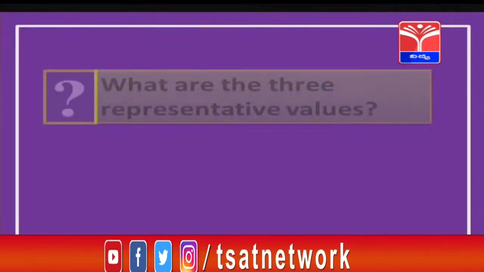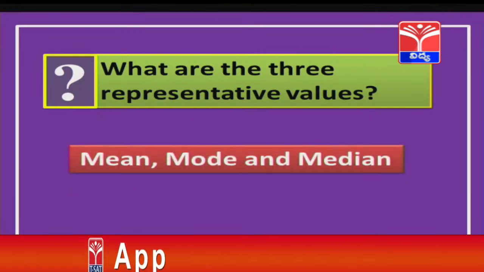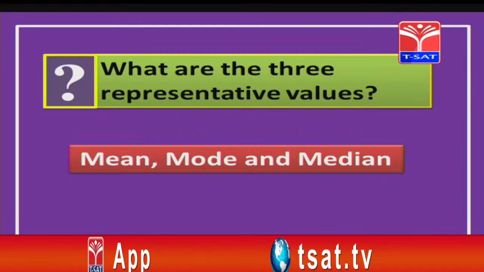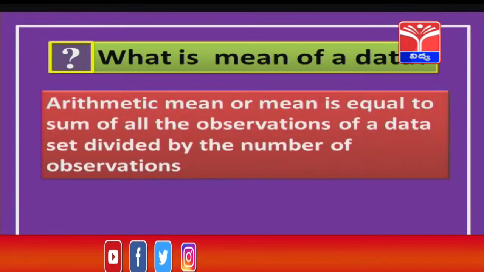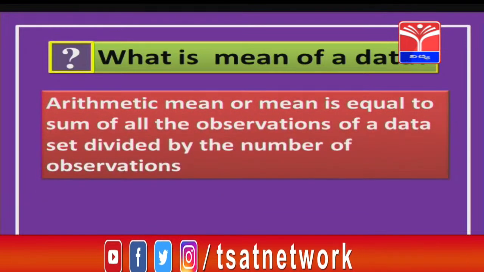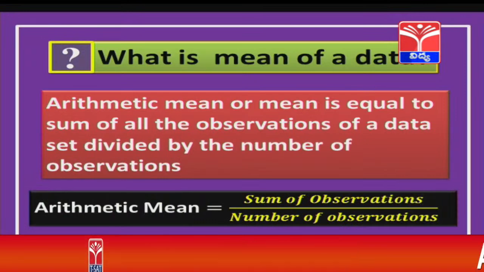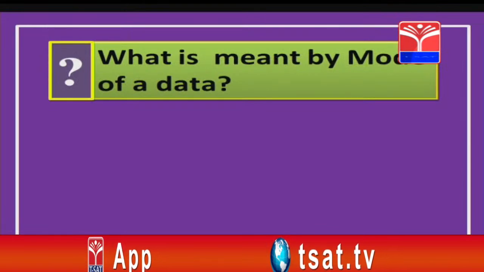Okay, children. Now, what are the three representative values that you have learned? You are right once again. Mean, mode and median are the three representative values. Then what is meant by mean of the data? Yes, arithmetic mean or simply mean is the sum of all observations divided by the number of observations. What is meant by mode of the data?